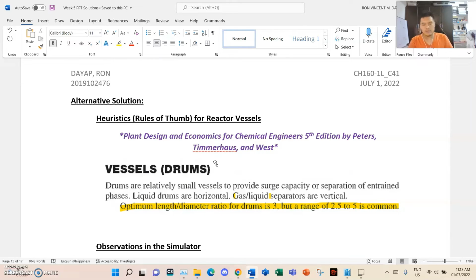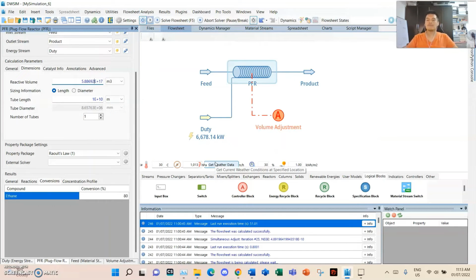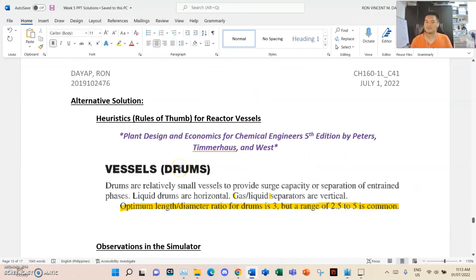The reason for reactor vessels is that the PFR container is a vessel itself, and sometimes vessels can be treated as drums, since they just contain the liquid. The reaction is in another part, but essentially the vessel is a vessel itself. So for reactor vessels or vessel drums, they stated that the optimum length to diameter ratio for drums is 3, but a range of 2.5 to 5 is common.